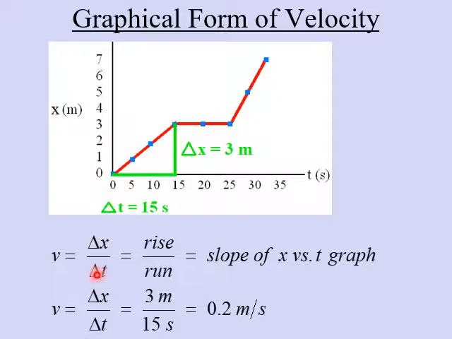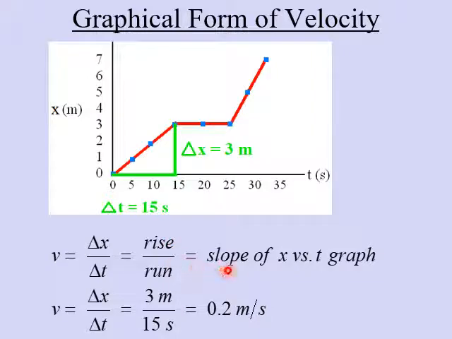Likewise, delta t down here is the run of the graph. In other words, the horizontal distance along this graph, which is measured in time. So one thing we see here before even putting any numbers in is that velocity on this graph is rise over run, which you'll remember from your algebra class.